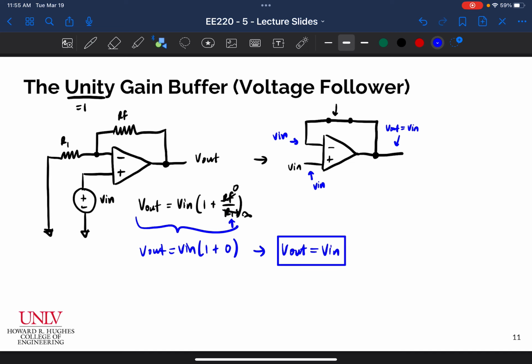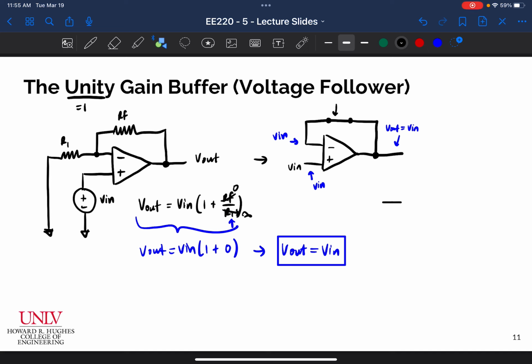Okay, so that's the unity gain buffer. It's very useful in several different types of circuits, different types of filters where we want to connect, let's say, this is kind of outside the scope of what we've learned so far, but we'll probably visit this again when we get into EE221 topics.